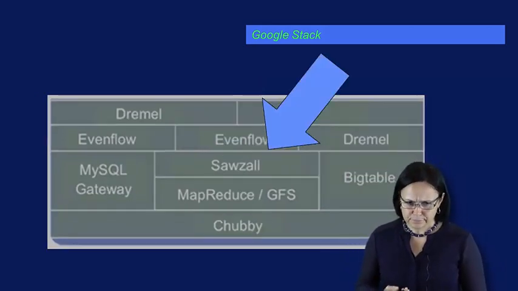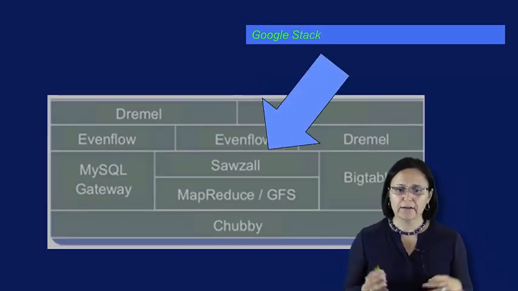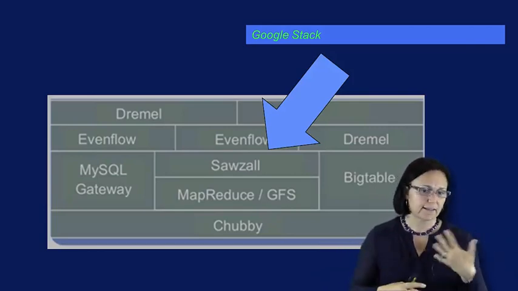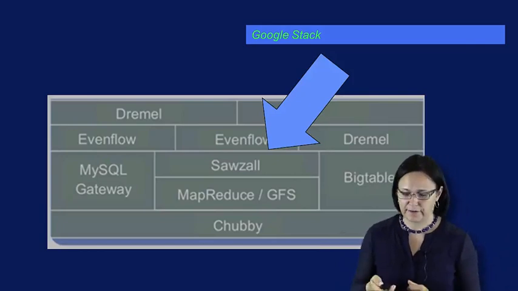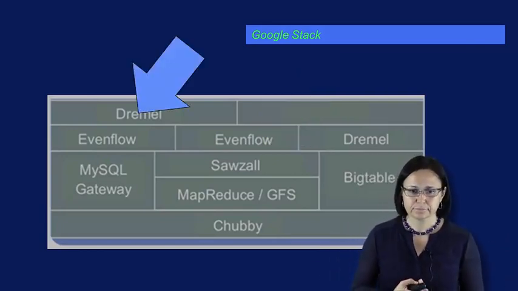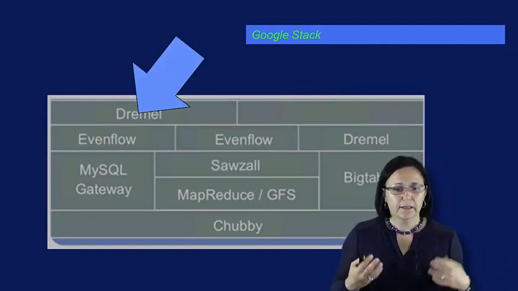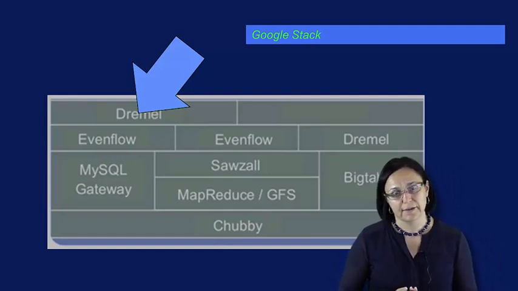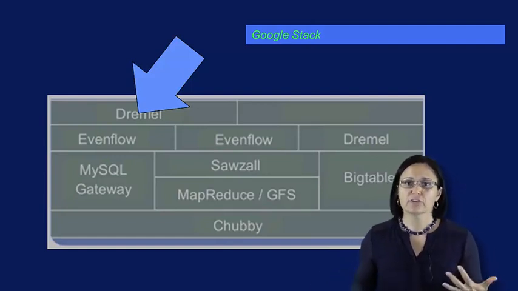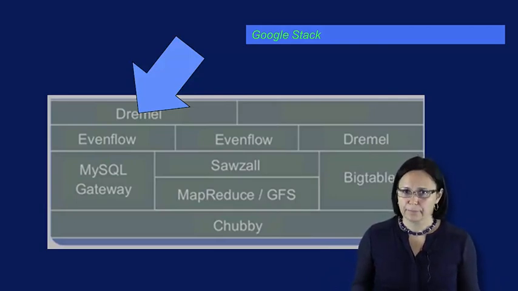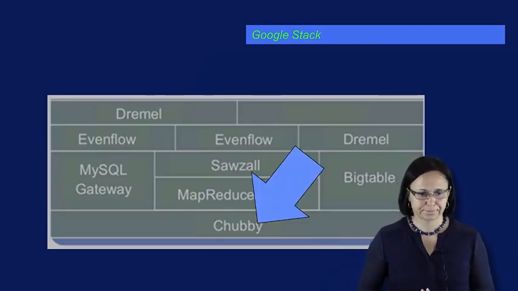Then Evenflow came along and allowed us to chain together complex workloads and coordinate events and services across this kind of framework, or the specific cluster they had at the time. Then Dremel came along. Dremel is a columnar storage and metadata manager that allows us to manage the data and process very large amounts of unstructured data.